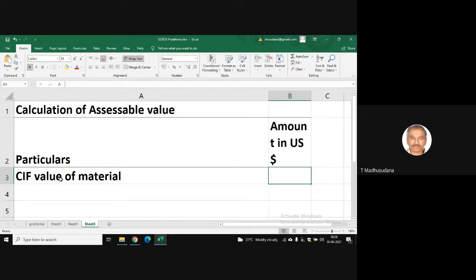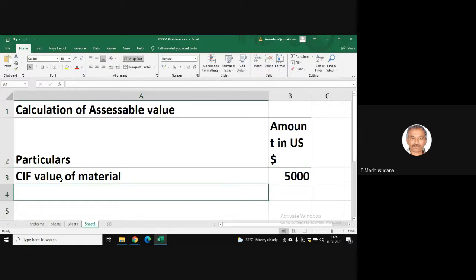It is 5000 US dollars, the value of materials imported. Next, freight paid was 1500. This is the freight value.